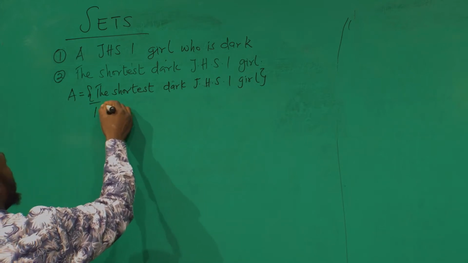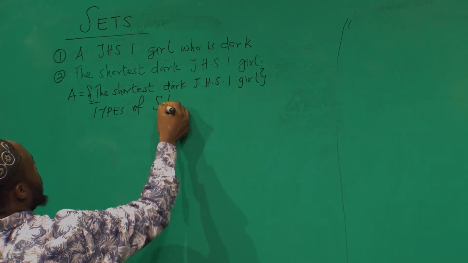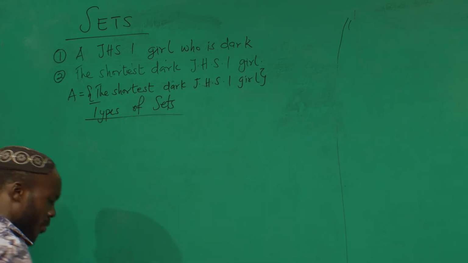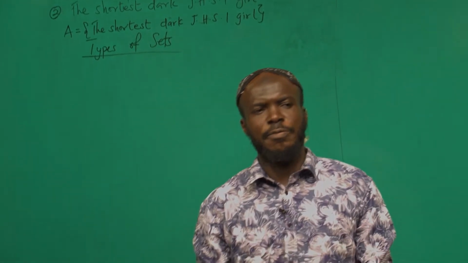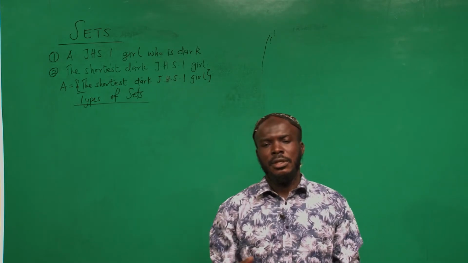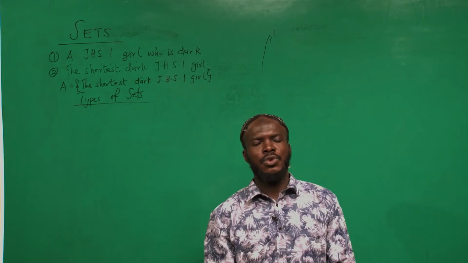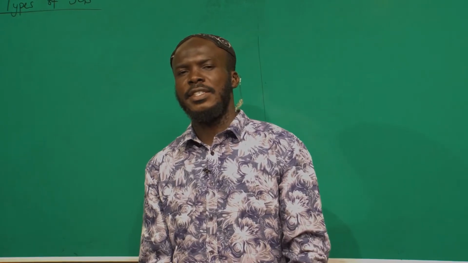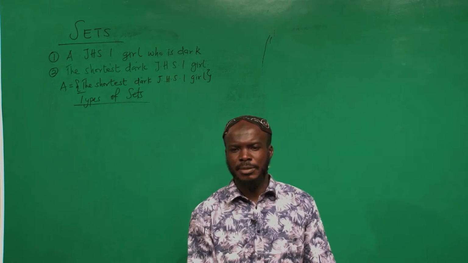Now, let's look at the types of sets. We should have a set of prime numbers, a set of even numbers, a set of odd numbers, a null set, an equivalent set, an equal set, a universal set, union of sets, intersection of sets, finite set, infinite set and other types.